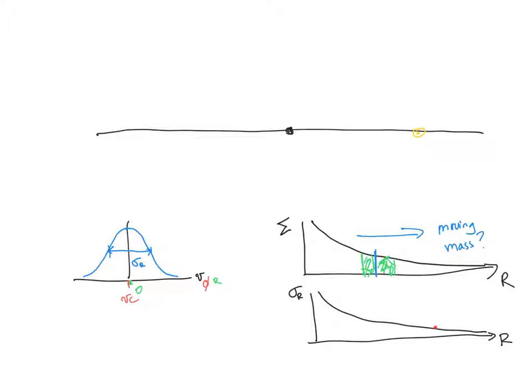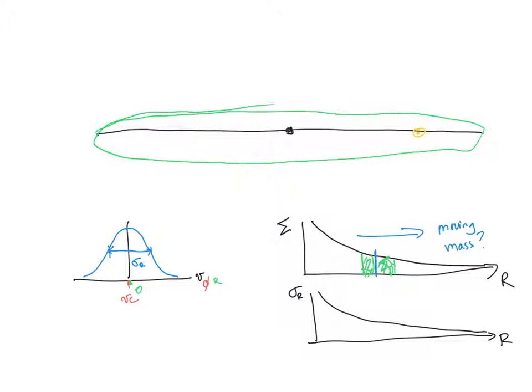So, let me introduce you to something else. That is, I'm going to make it green, the thick disk. That is a bunch of stars that are puffy. They live outside the disk, meaning vertically, they're extended.